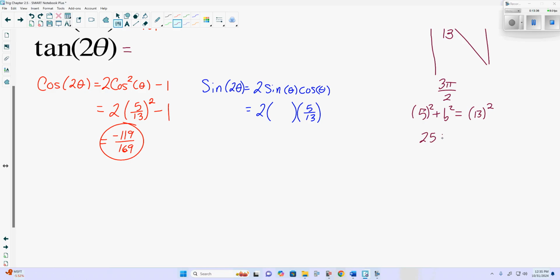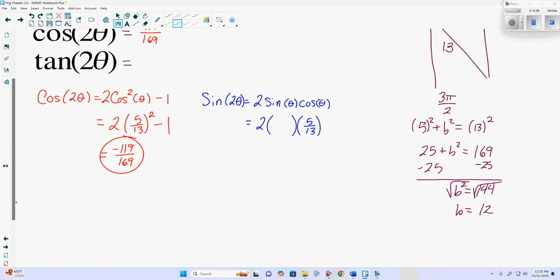Now 5 squared is 25 plus b squared is equal to, well, 13 squared is 169. At this point here, we can subtract 25 from both sides, telling us b squared is 144. And the square root of 144 is, we would say, plus or minus 12.